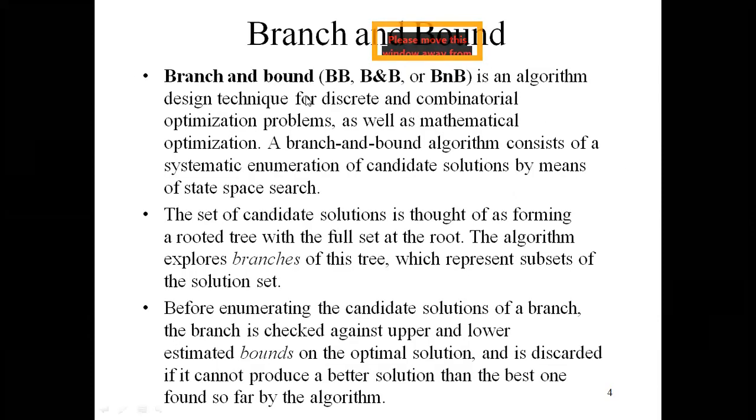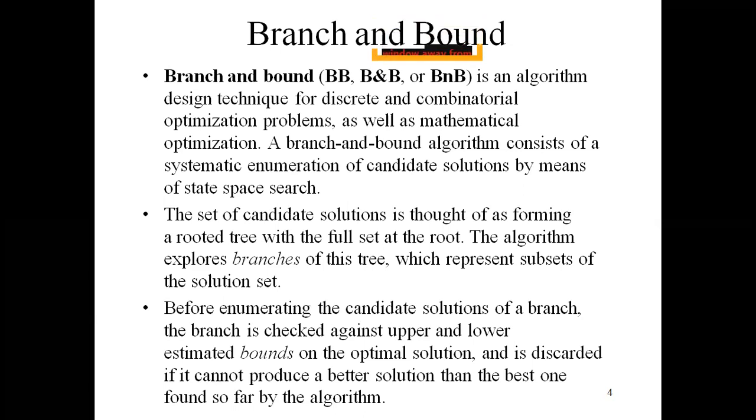Branch and bound, also called B&B or BNB, is an algorithm design technique for discrete and combinatorial optimization problems, as well as mathematical optimization. So for optimization problems, we can go for the branch and bound design technique. Greedy algorithm is also an optimization algorithm.